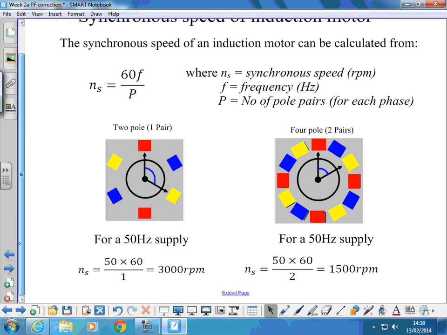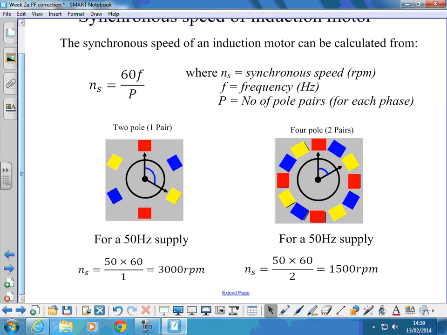Okay? So for a 50 Hertz supply, a two pole motor has got one pole pair. Its synchronous speed is 3000 RPM. In the books I've seen mention of 12 pole motors, 6 pole pairs, which is going to take that down to what, Keith? 3000 over 6.